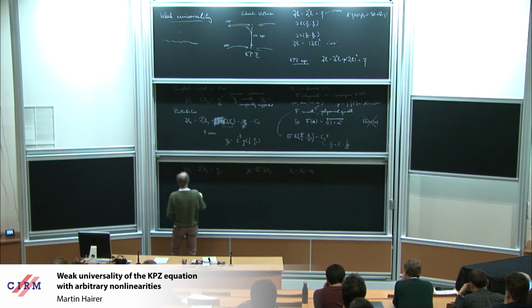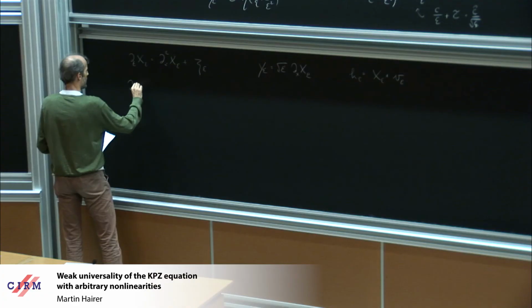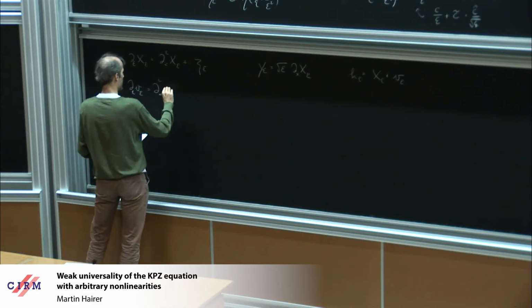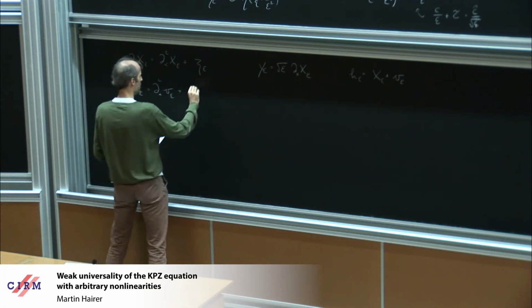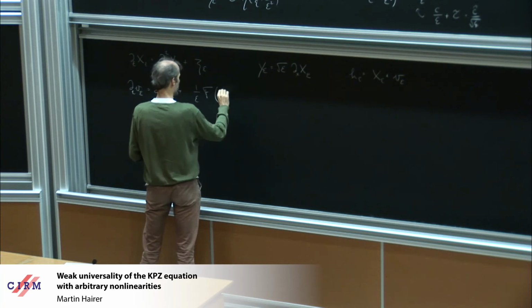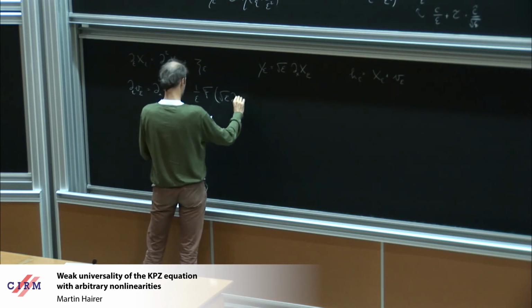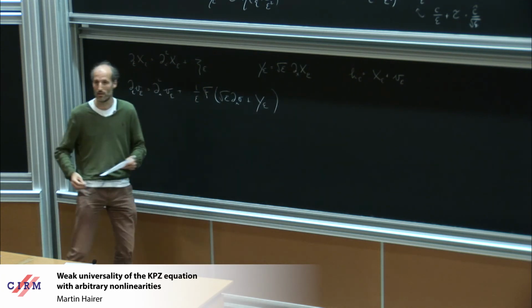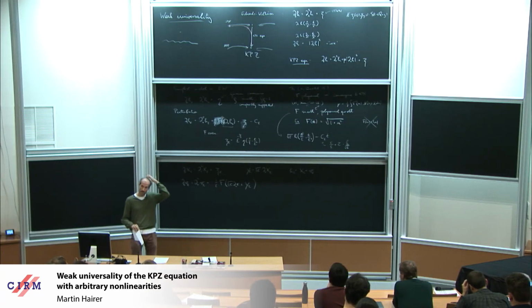Okay, and then I can derive an equation for v. If you just plug it into this equation, what you get is this plus 1 over epsilon f of root epsilon dxv plus y epsilon. So the noise is cancelled out, and you just have the nonlinearity left.